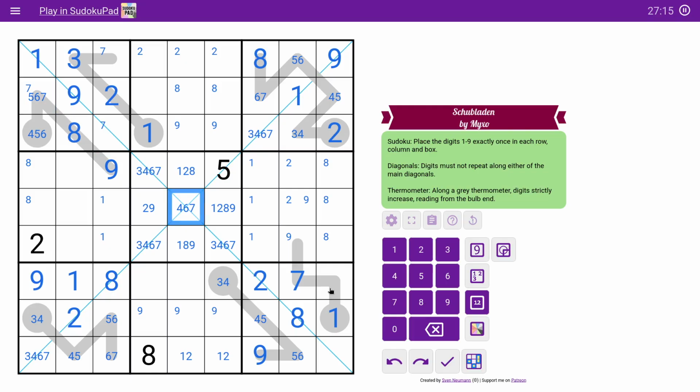But yes, I think we saw that this couldn't be 7, because if this is 7, that implies this is 7, this is 7.